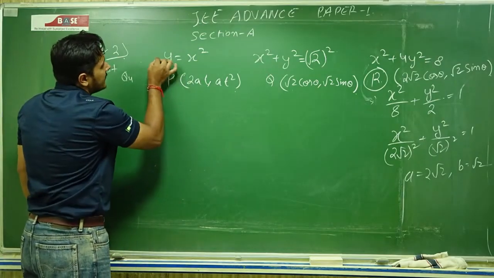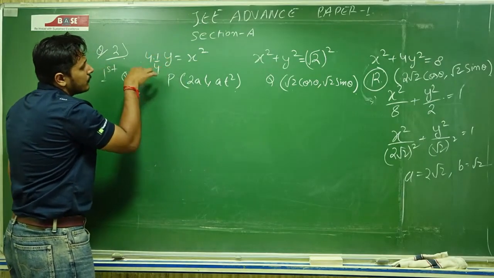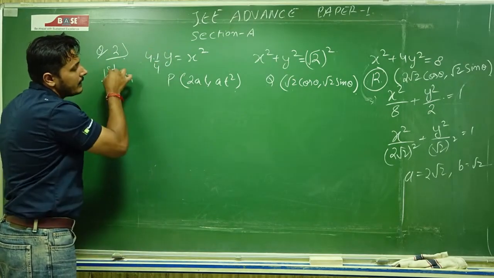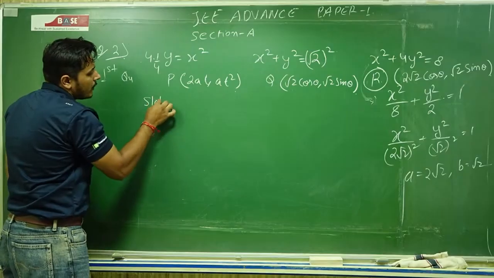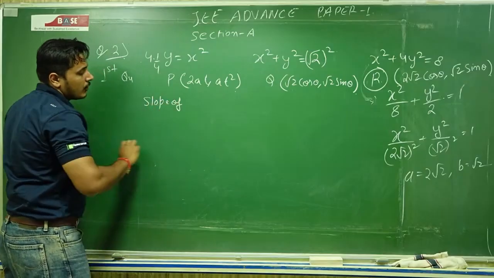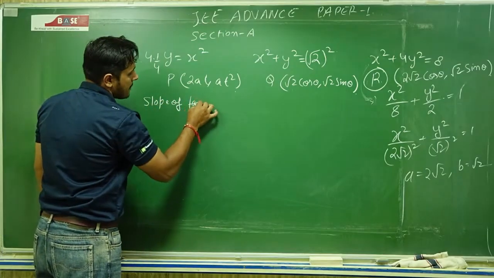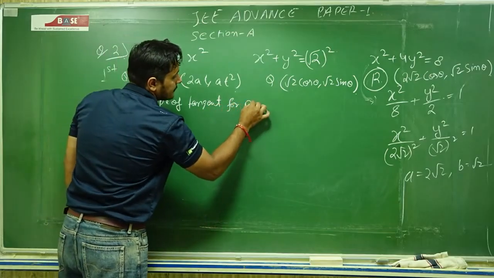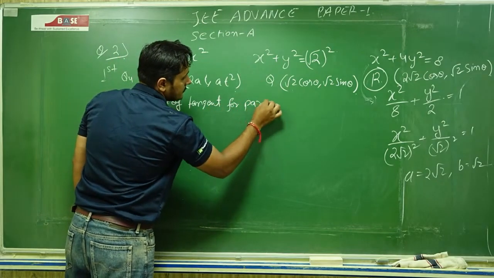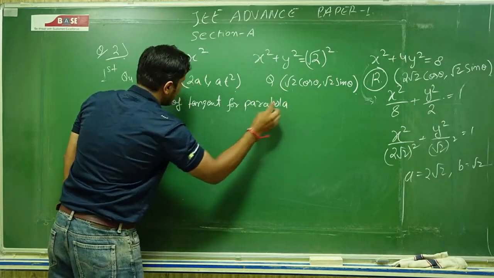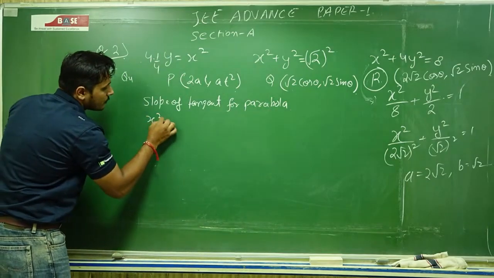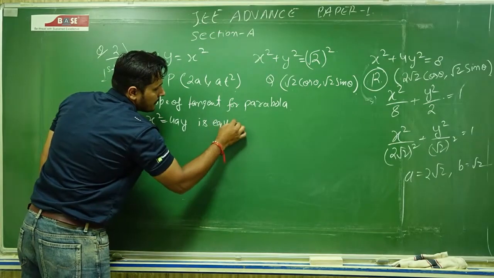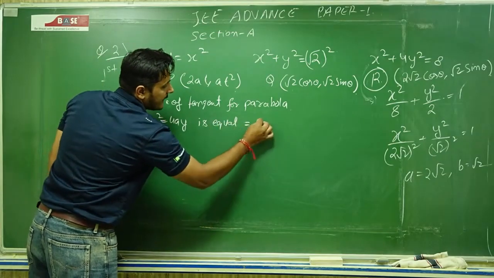So to convert this into the general form, x square is equal to 4ay, what is the a value? 1 by 4, right? The slope of tangent for the parabola x square is equal to 4ay is t only.